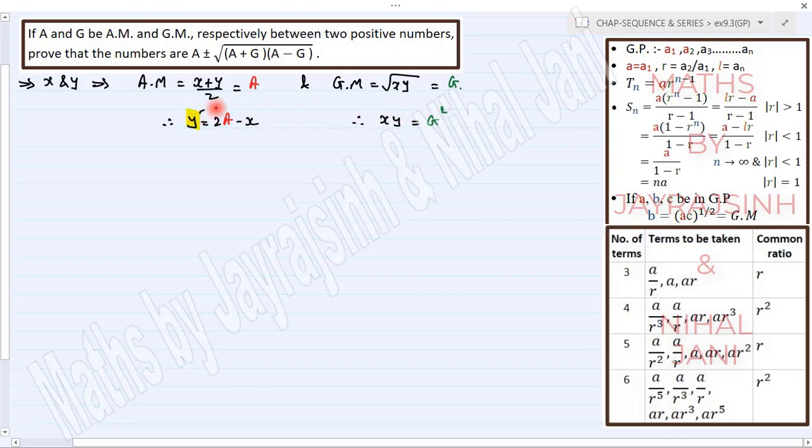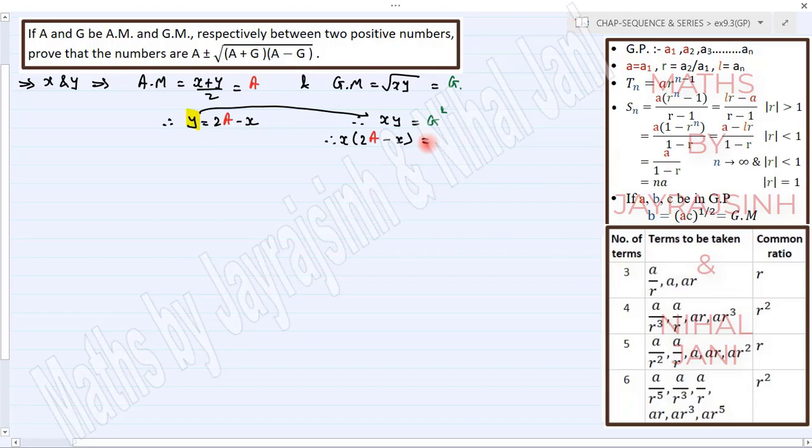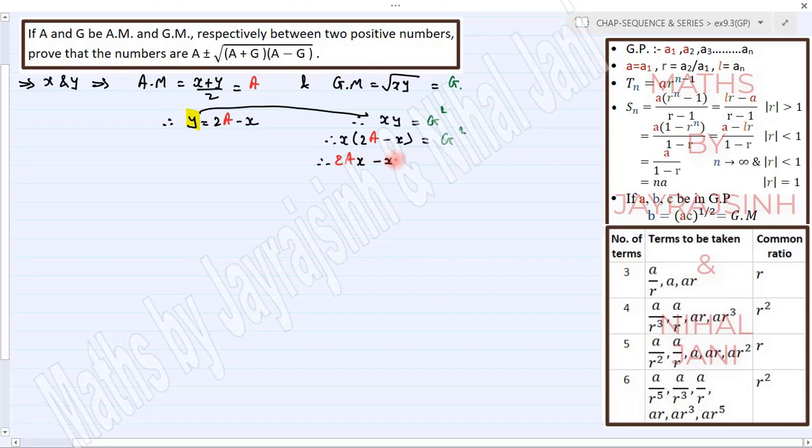Substitute the value of y in the second equation, we get x into (2A minus x) is equal to G square, or 2Ax minus x square is equal to G square.